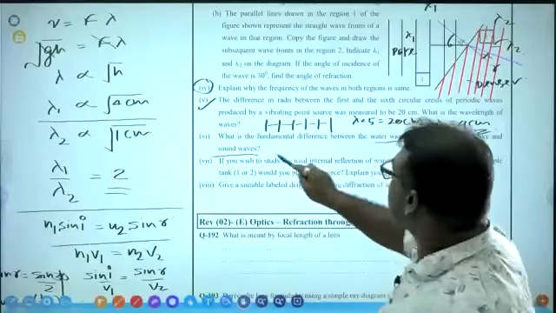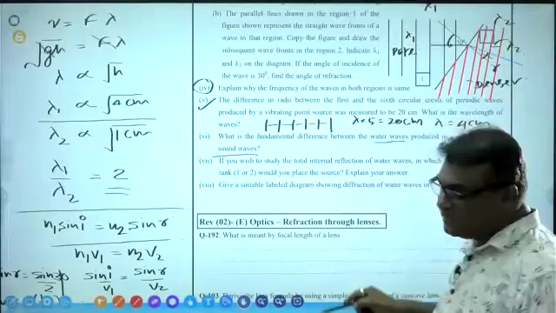second medium. Number 2, reason. Explain your answer.